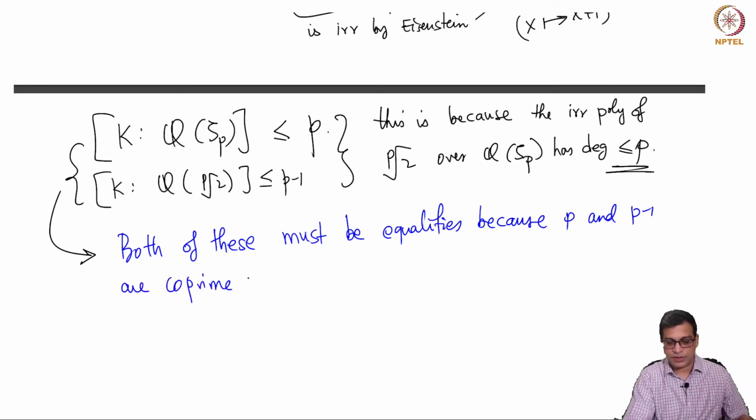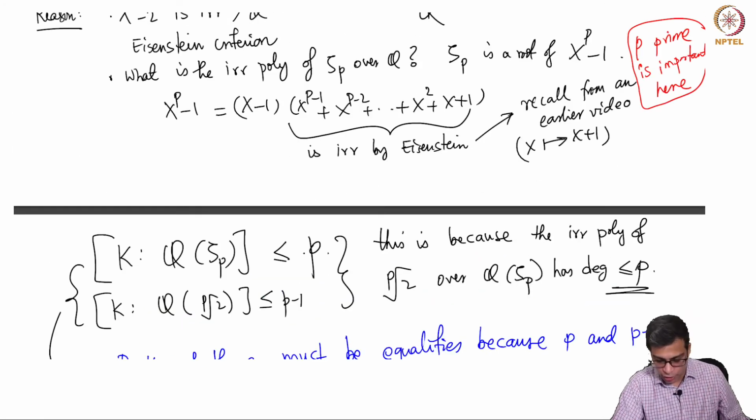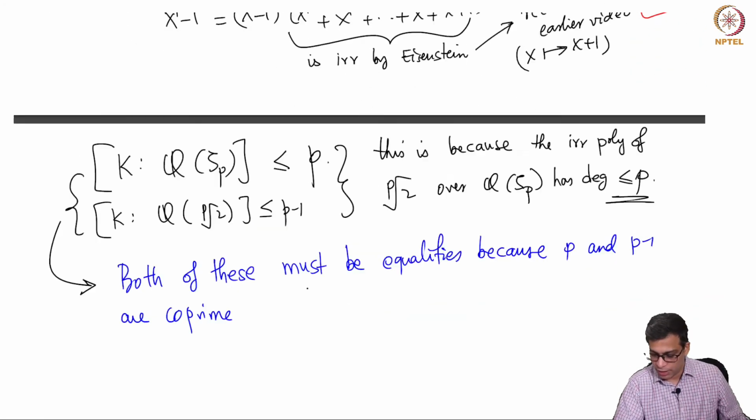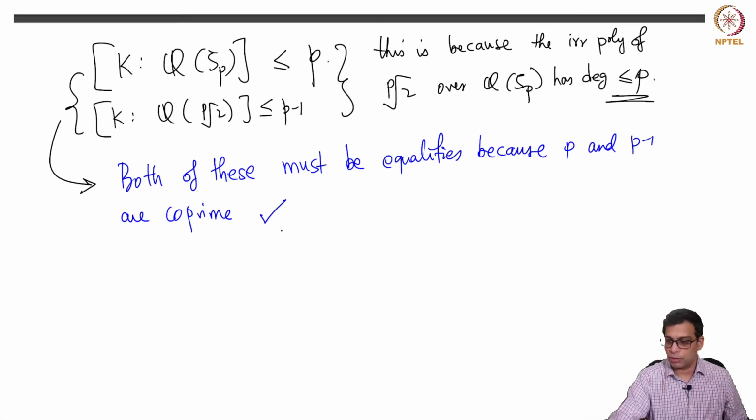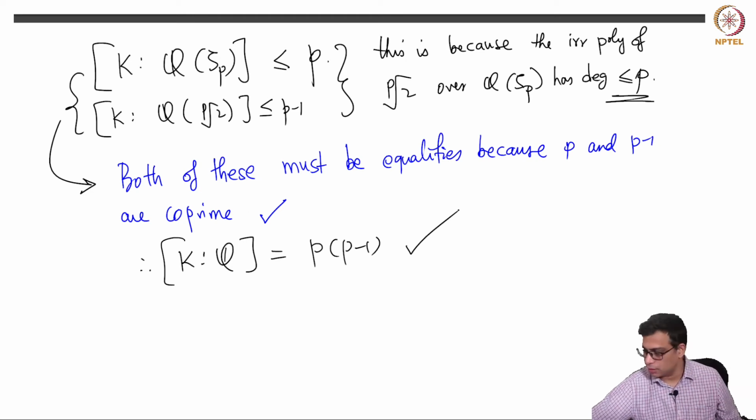You can't have a smaller number than p here and still have the product with p minus 1 be divisible by p. They are coprime, so that is not possible. So this solves the problem. The splitting field has degree p times p minus 1.